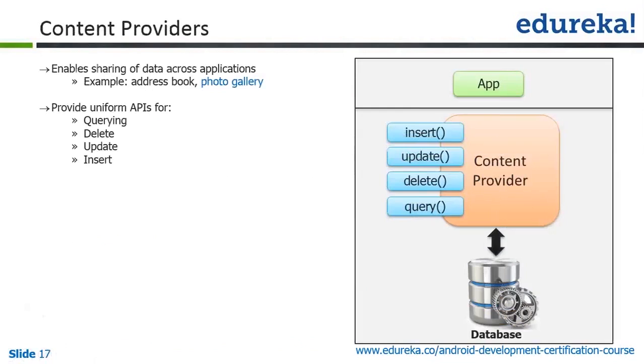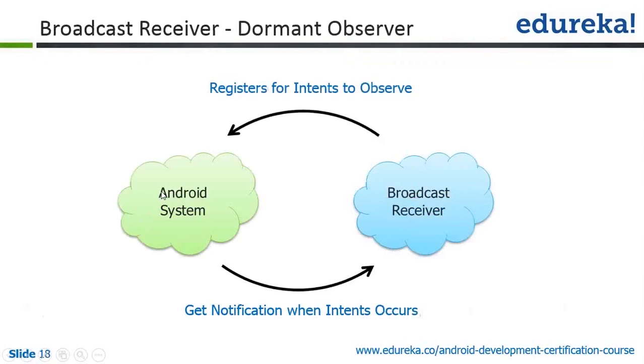Content providers: you can see the layer I was talking about, my app interacts with the content providers, which ultimately interact with the database. They perform operations like querying, deletion, insertion, and updating. Then the broadcast receivers. As I said, it is a system broadcast.